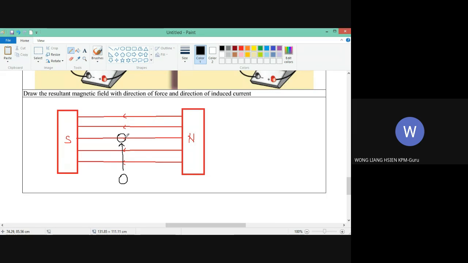If you have induced current, that means you have electrical energy, right? Okay, now I need you to think, where does the electrical energy come from?